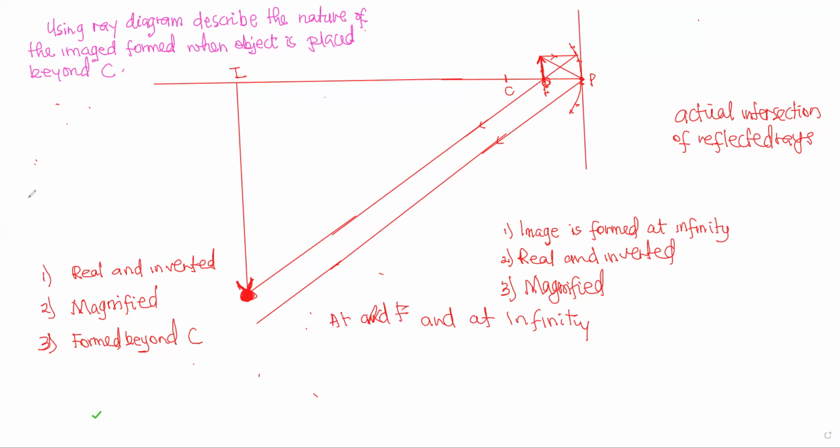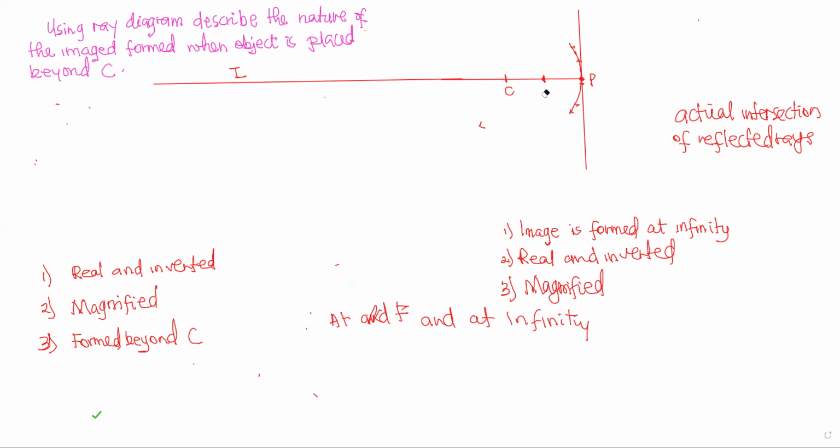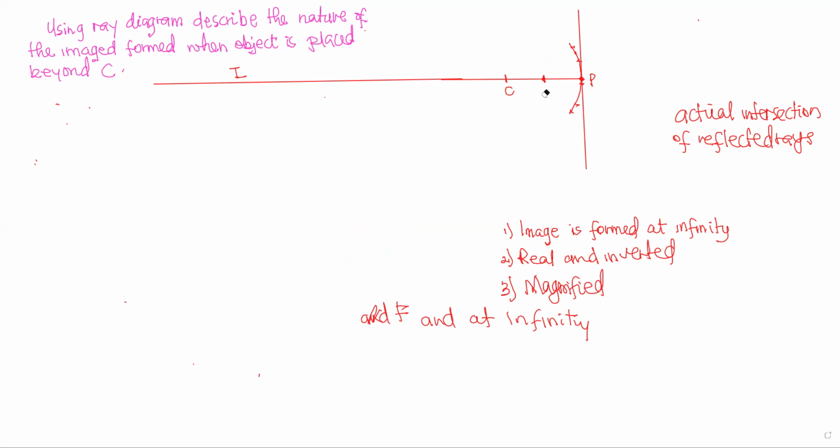So, the big question is, how do I show that the object is at infinity? Infinity is a very far distance. You cannot precisely determine the exact far distance. So in a ray diagram, whatever we use to show that the ray is actually at infinity is this. And take note and write.